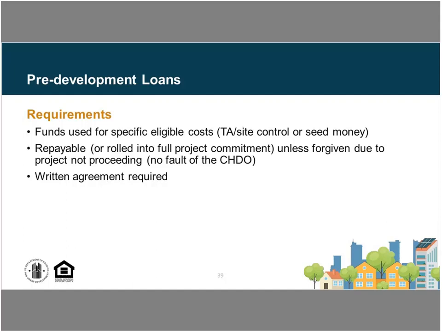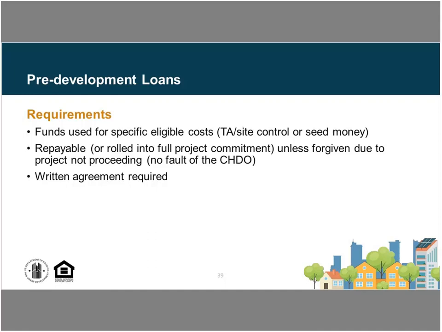When the PJ is providing the funds, these are going to be provided as a loan. Repayment is going to be expected either from the permanent financing on this project, or it might be rolled into essentially the PJ's larger commitment for the project itself.